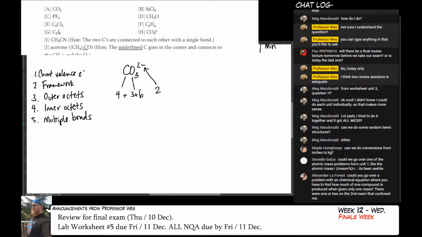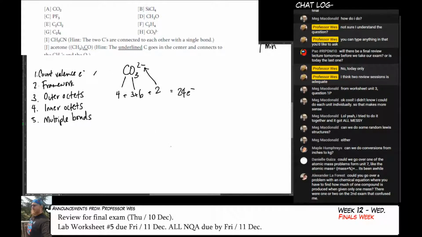So if I were to add all these together, I get 18, 22, 24. So that tells me that I have 24 electrons to play with for this Lewis structure. All right. So that's step 1 done. Step 2, we're going to draw the framework.